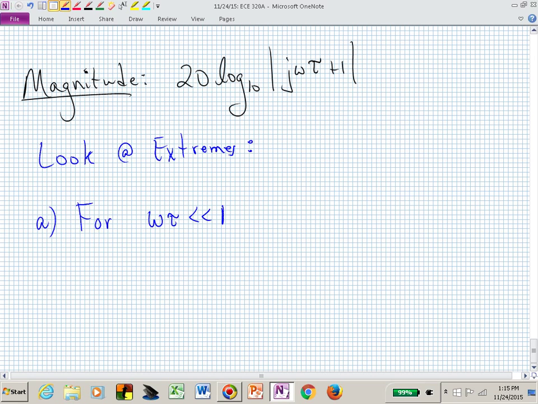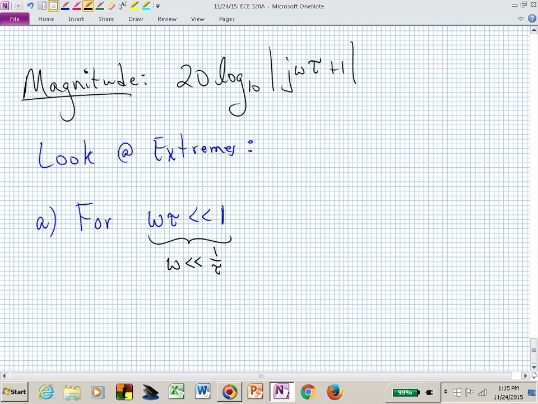If omega tau is much less than 1, then I have 1 plus j something that's negligible. So I basically have 1. And I can find the magnitude of 1. That's pretty easy, and that's why I'm doing this. But in this case, if I solve that for omega, now I have omega much less than 1 over tau. Ooh, what's 1 over tau? Break frequency, isn't it?